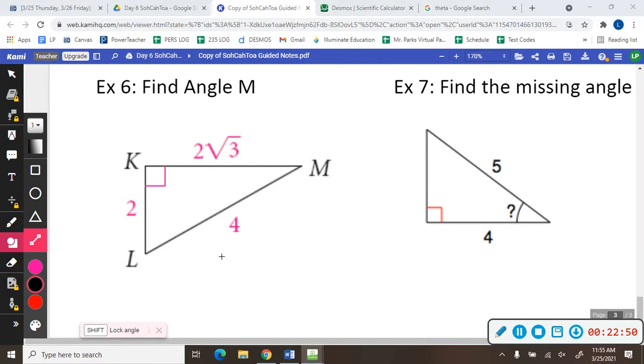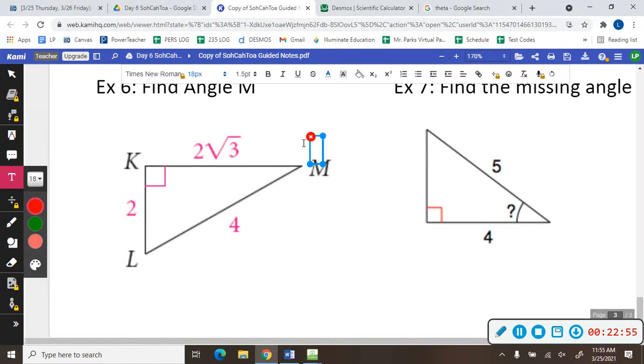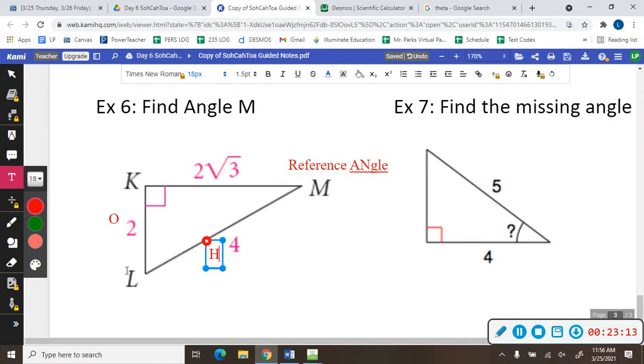We have one more. They want me to find angle M. This is my reference angle. They tell me 3 pieces of information. I'm going to use the sine function, O and H. So I know the sine of M, and that's what they want me to find. The sine of M is equal to O divided by H, 2 divided by 4.